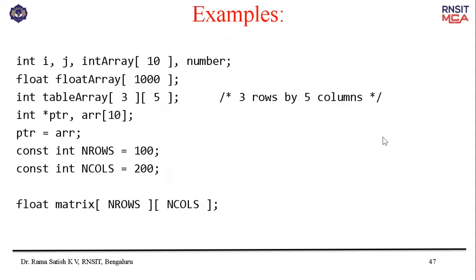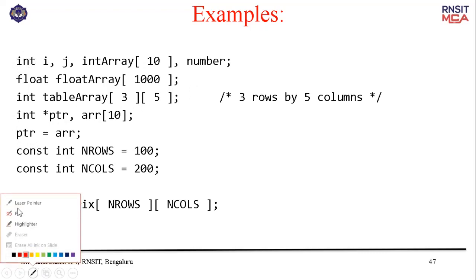Next, these are some examples of array declaration. You can declare an array with a size, so 10 elements have the same name and they are integers, and you can have 1,000. Here you observe this particular line, very important.